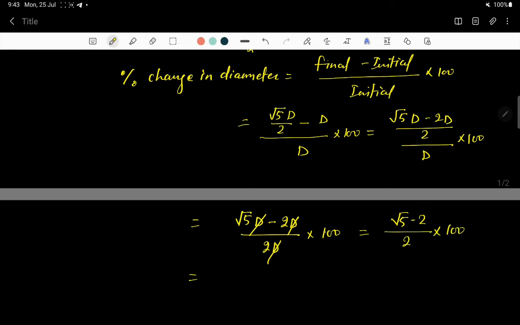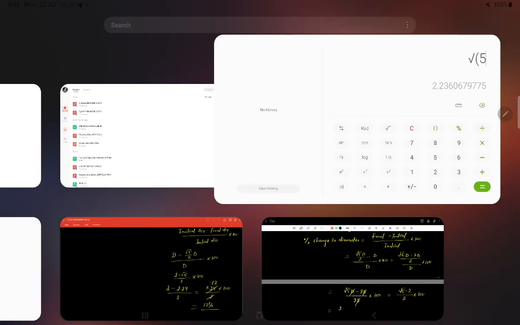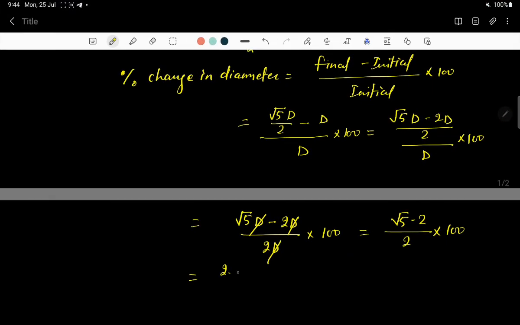We calculate the value of root 5, that is 2.24 upon 2 into 100.